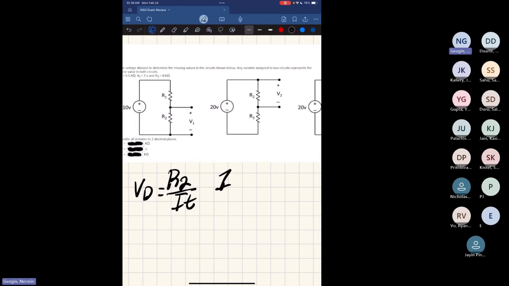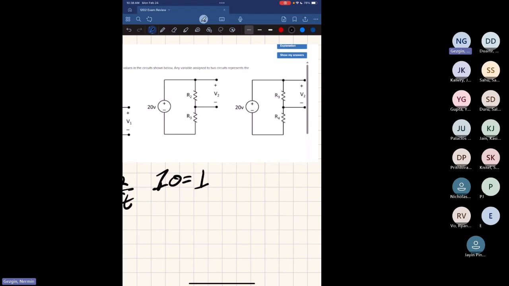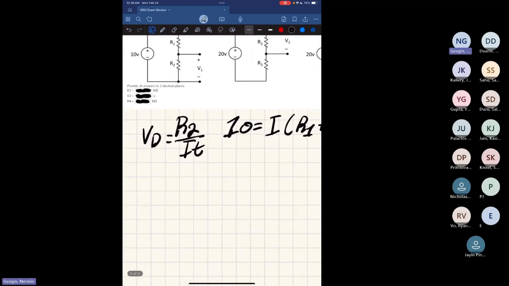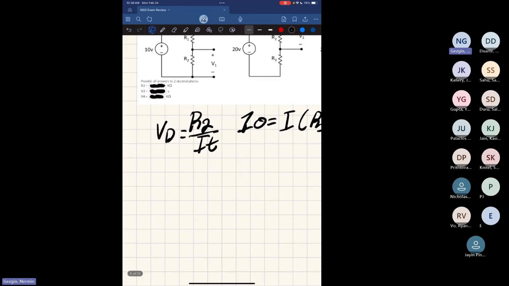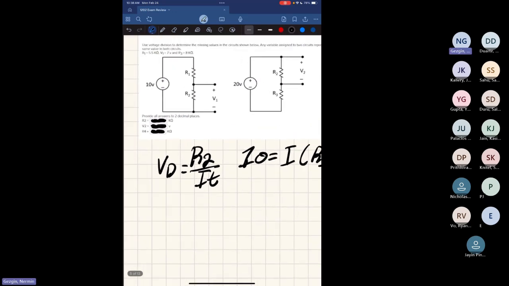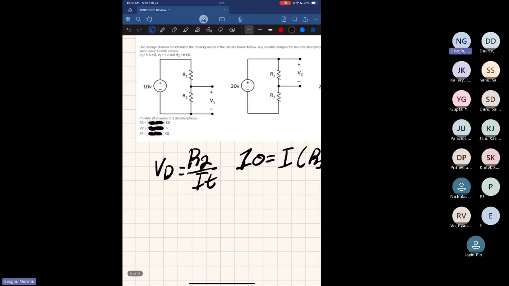So 10 equals I times R1 plus R2, because they're in series. So we can find the value of R2 by finding the difference in the voltage.